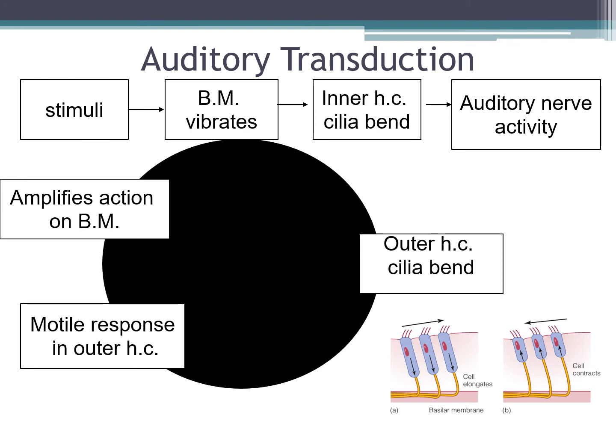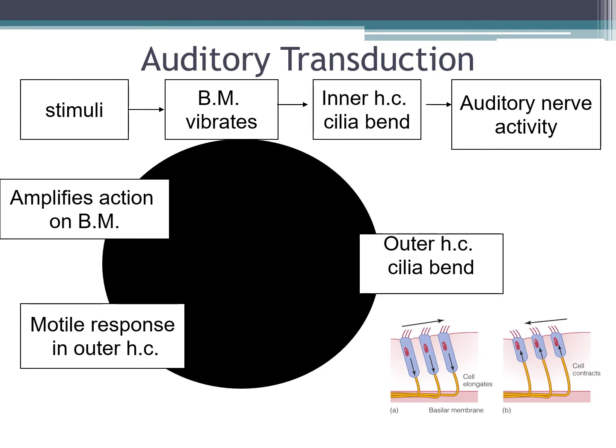So we have the stimulus, the changes in air pressure occurring because of the particular sound waves that we get. The basilar membrane is vibrating. This is causing the inner hair cell cilia to bend back and forth, which is causing depolarization, hyperpolarization, depolarization, communication, synapsing on the auditory nerve, which is going to take that information to the brain.